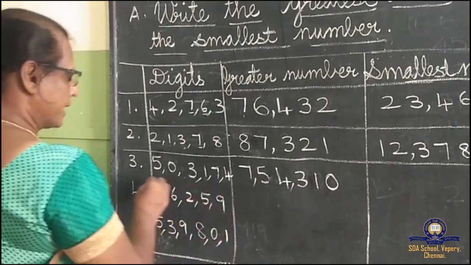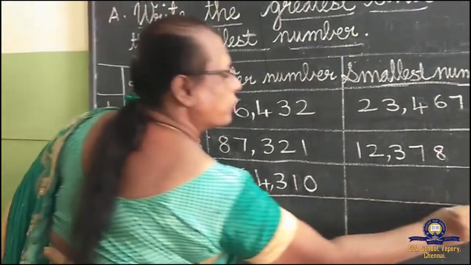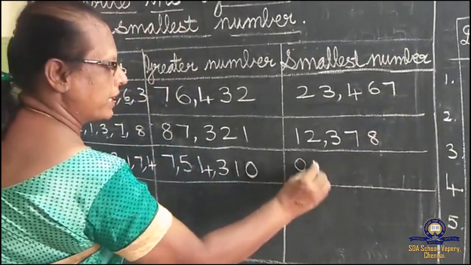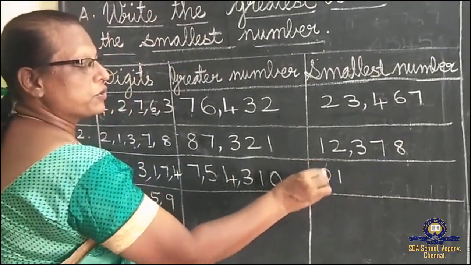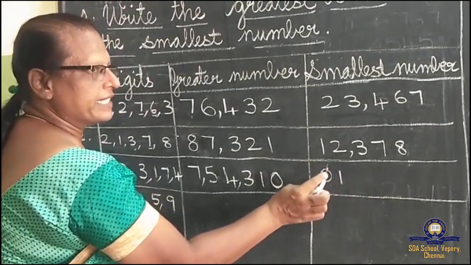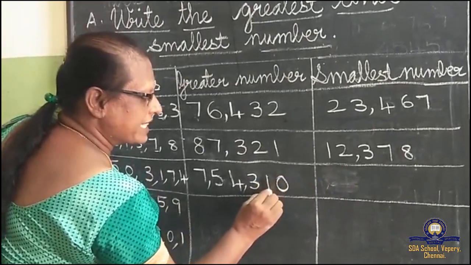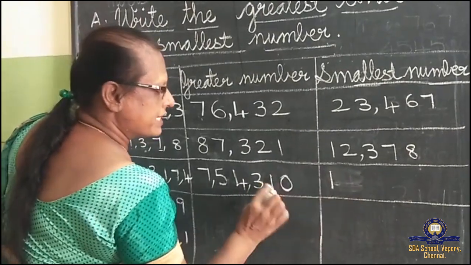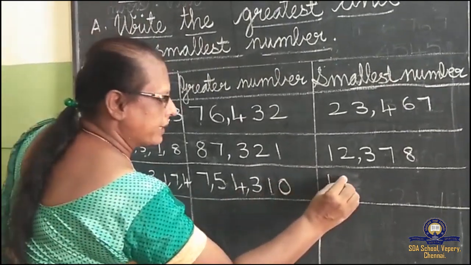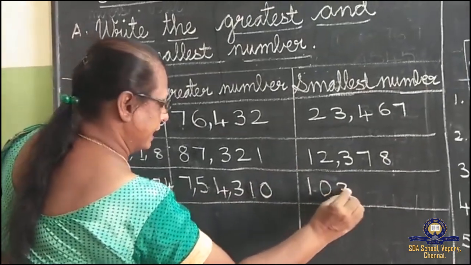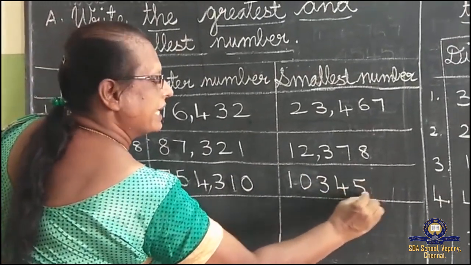So while coming to the smallest number, what you have to write? You should write 0, 1. No, 0 has no value. So you should not write 0 first. Understood, children? So in that case, what you have to write? You have to write the second number, which is 1. Which is the smallest number? 1. So 1, 0, 3, 4, 5, 7.